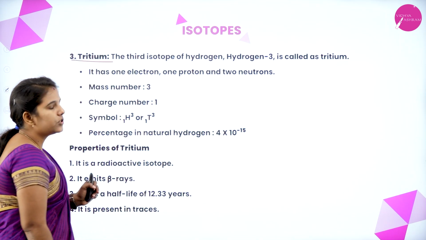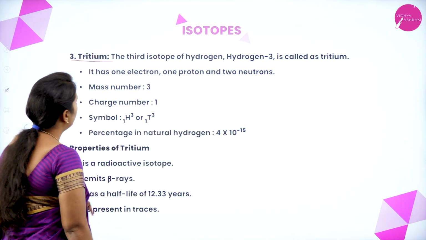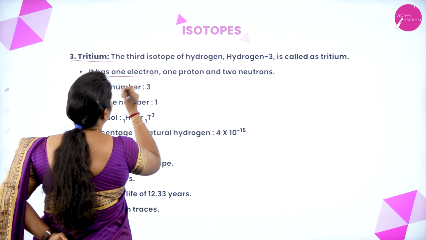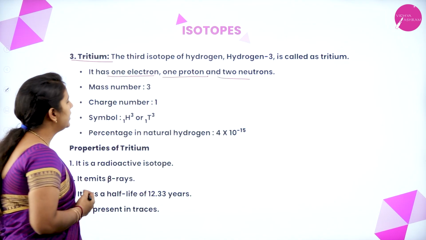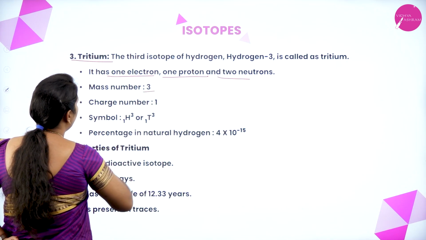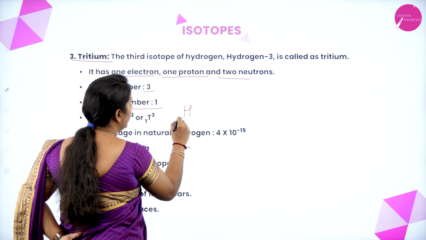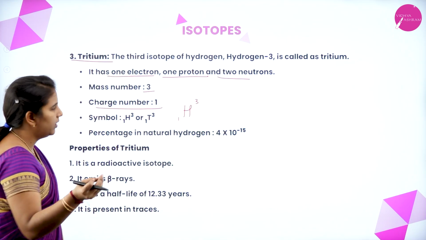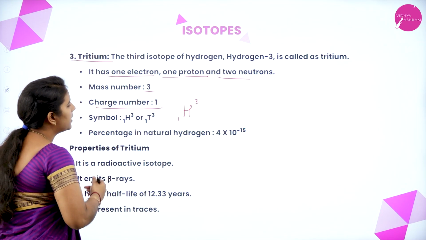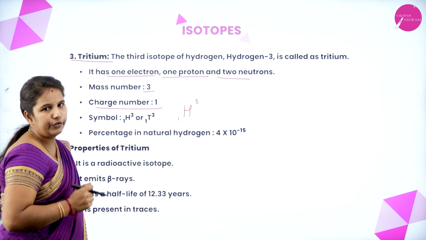The last isotope is tritium. This is the third isotope of hydrogen, or you can say hydrogen 3. It has one electron, one proton and two neutrons, hence the mass number is 3 and the charge number is 1. Hence it is written as H13, because proton plus neutron is the mass number. Its percentage is 4 into 10 to the power of minus 50.